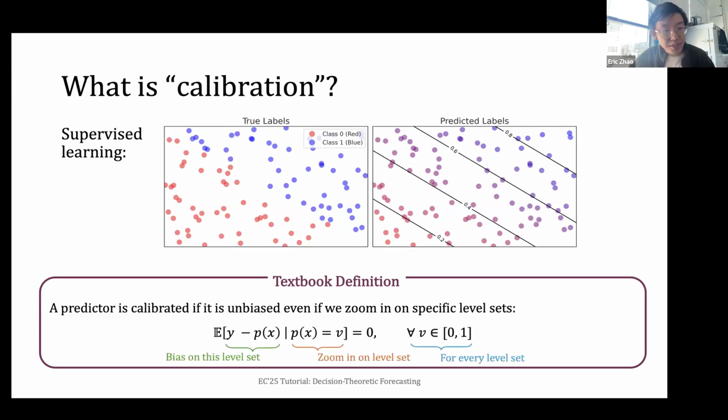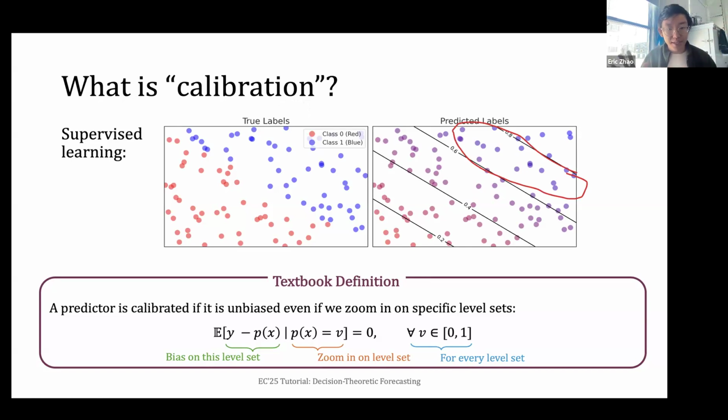To make this a little more concrete, this y minus p(x) is the bias, and p(x) = v is zooming in on the level set v of my predictor. So for example, v can be 0.7, that there's a 70% chance of it being blue. Calibration would ask that if I zoom in on that part and look at the true labels, about 70% should be blue. That's not the case here, so we would not say that this predictor is calibrated.